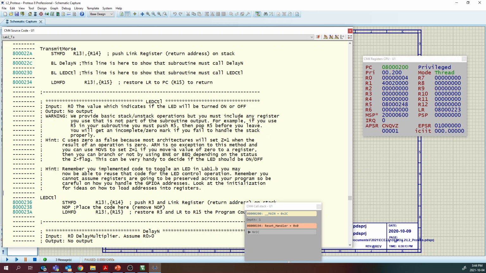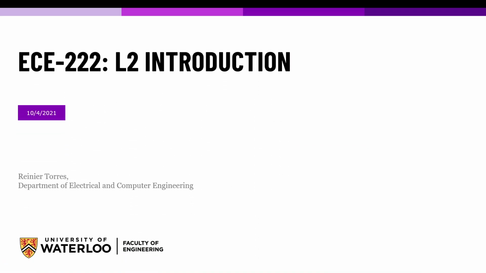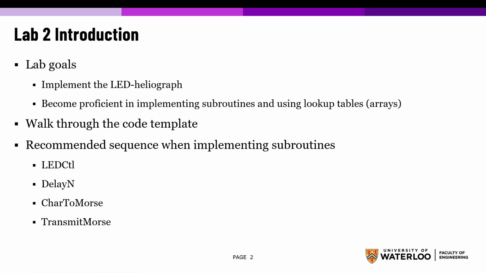Going back to the implementation of the subroutines, I would recommend that you go first with the LED control, because it's very simple. It's just passing two different values to that subroutine, and you can test that by calling LED CTL with different values.